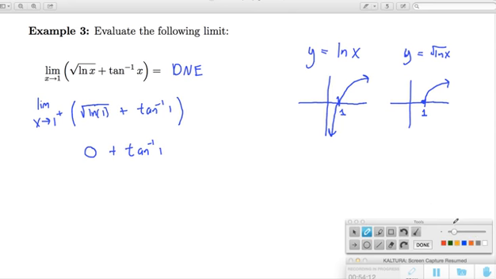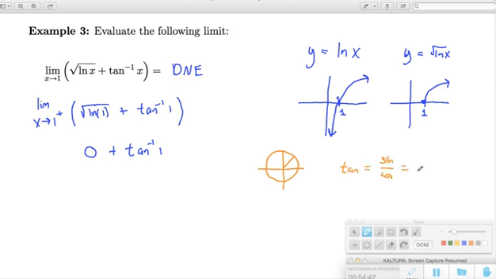Well, arctan of 1. Well, notice that arctan is only defined from negative pi over 2 to pi over 2. So if you're on the unit circle, and you're only looking between negative pi over 2 and pi over 2, then tangent is equal to sine over cosine.